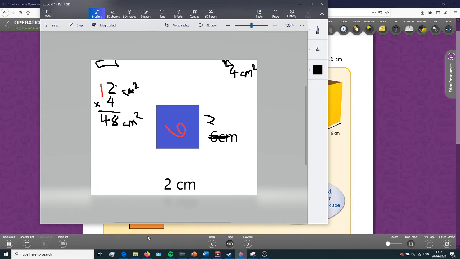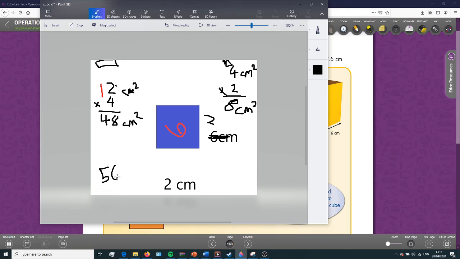And how many squares are there again in a cuboid? Well, there's two, one at the top and one at the bottom. So 2 times 4, which is the area of the square, is 8. Okay, so that means the squares together make up 8 centimeters squared, and the rectangles together make 48, so we're going to add them together. 48 and 8, I'm going to add on 2 to make it 50, is 56.